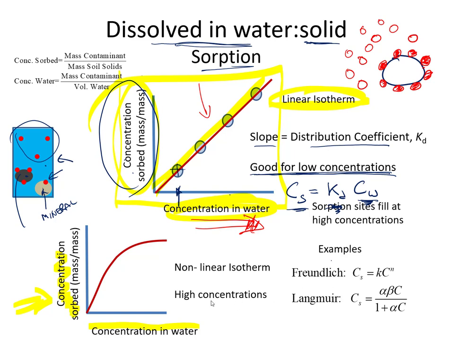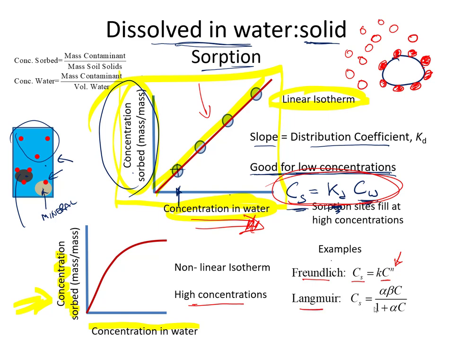And this is good for low and high concentrations. There are a variety of different formulas that have been proposed to describe this kind of behavior. Freundlich says the solid concentration is equal to the dissolved concentration to a power. So if n is 1, then we just have this one here.